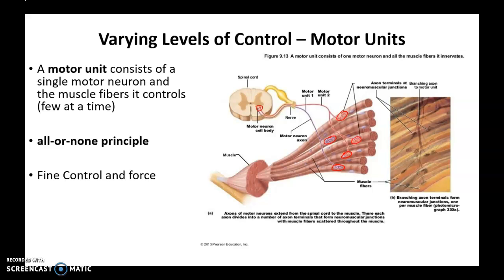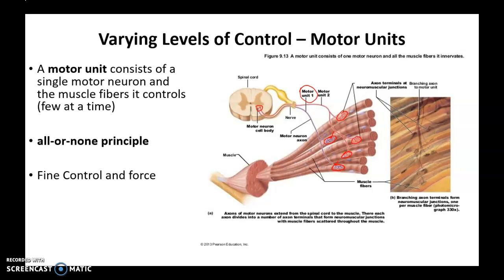Right? Okay. So the purple motor neuron innervates two muscle fibers, this one and this one. Together that forms a motor unit. A motor unit consists of a single motor neuron and the muscle fibers it controls.